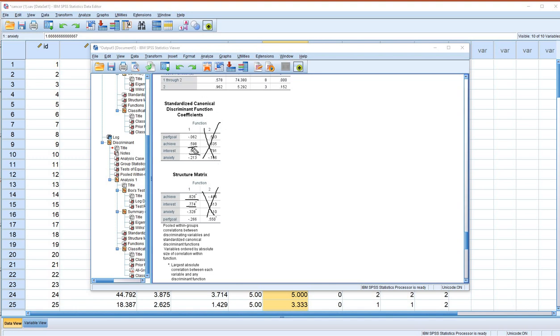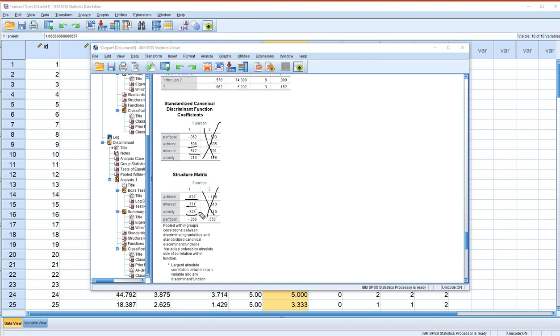Using the standardized canonical discriminant function coefficients, we can see that achievement is contributing most substantially to that function, followed by our interest variable. With respect to the structure matrix, we can also again see achievement followed by interest in terms of their relative contributions.